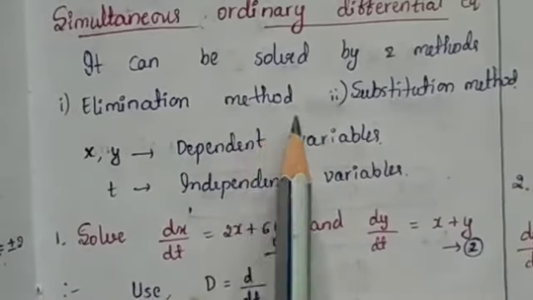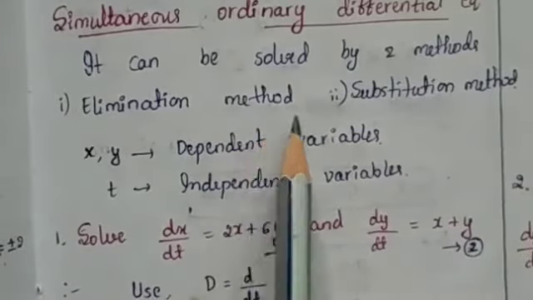The first problem is: solve dx by dt equal to 2x plus 6y and dy by dt equal to x plus y. Call these equations 1 and 2. Then use D equal to d by dt.